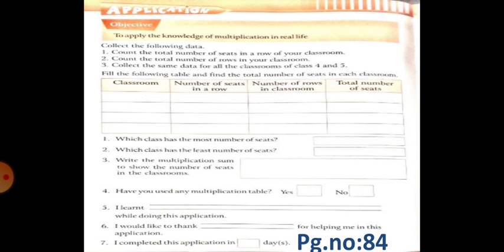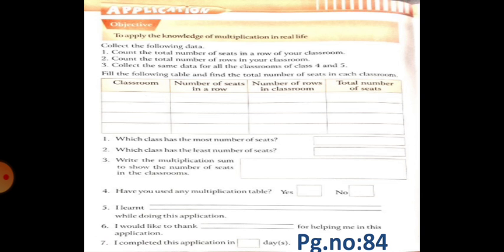Count the following data and write it. You have to count the number of seats in a row and the number of rows in the classroom, and write the total number of seats. Okay children, the first one, which class has the most number of seats? Second one, which class has the least number of seats?